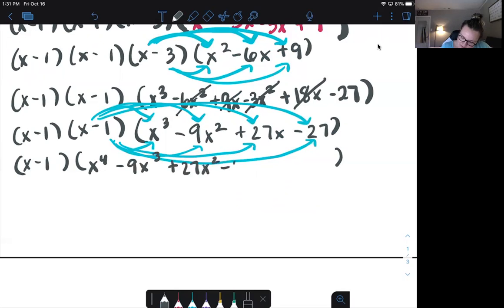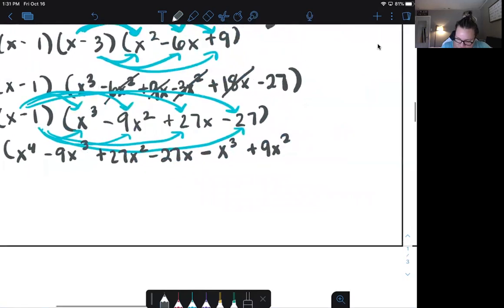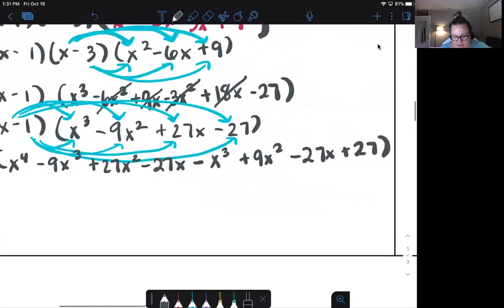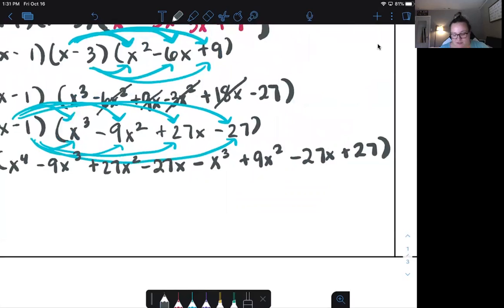X times 27, negative 27x. And now we're going to multiply negative 1 by each of those. The nice thing about multiplying by negative 1 is all the signs flip, but everything else stays the same. So negative 1 times x cubed is negative x cubed. Negative 1 times negative 9x squared is positive 9x squared, etc.